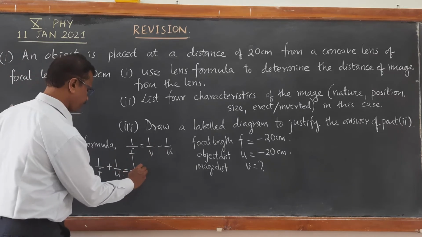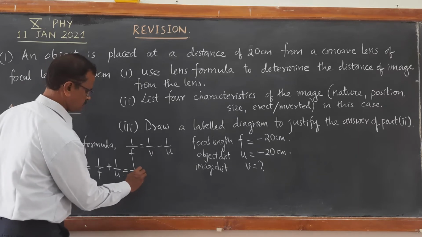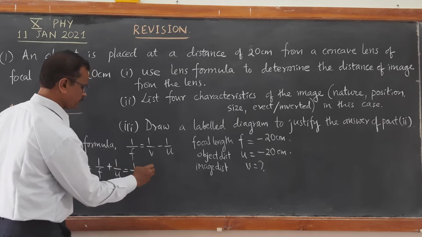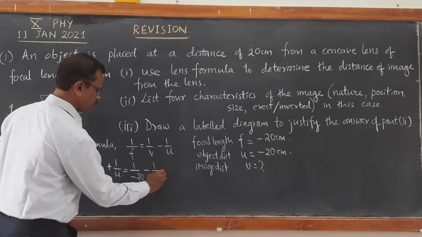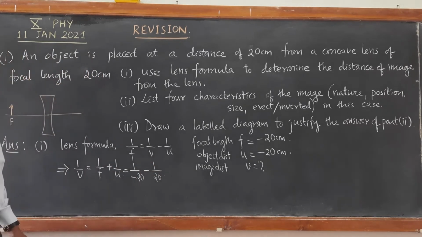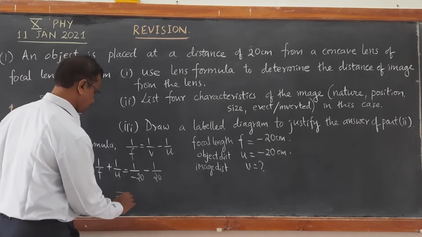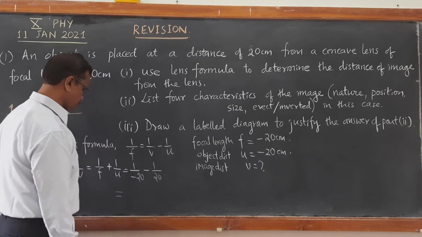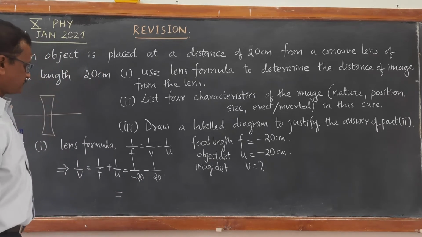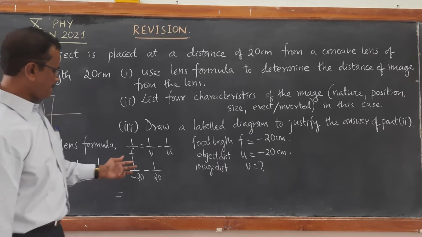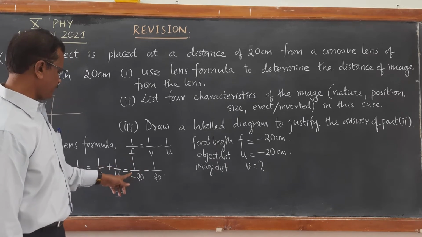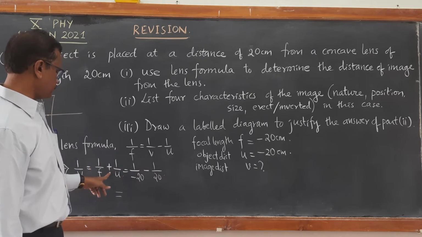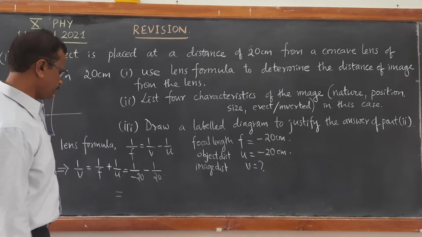So 1 by f is minus 1 by 20, and 1 by u is also minus 1 by 20. So finally it becomes minus 1 by 20 minus 1 by 20.